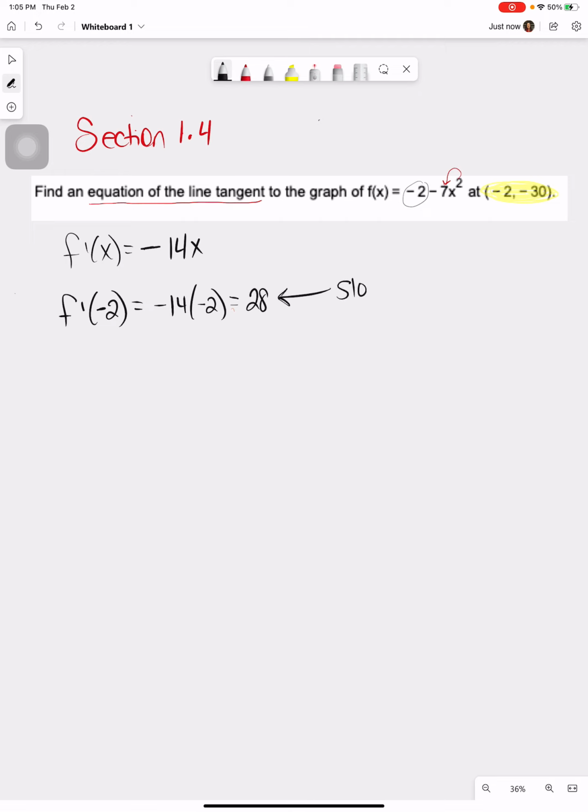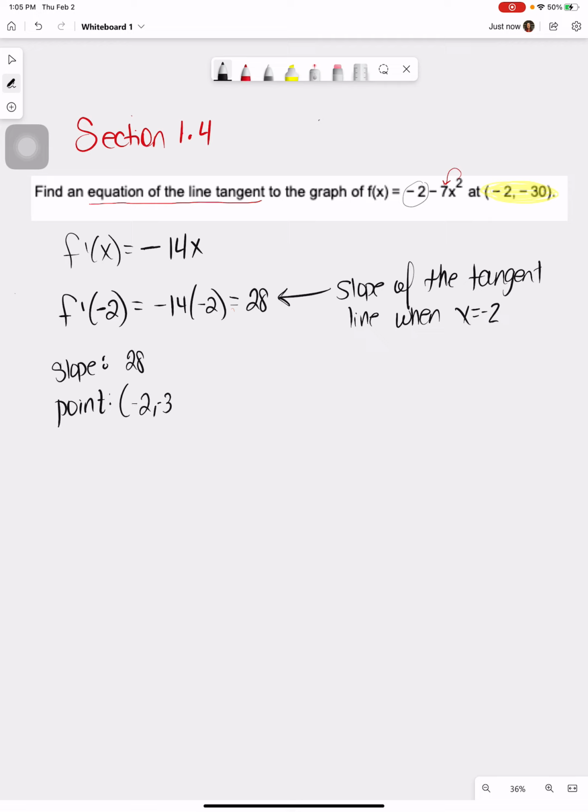That is the slope of the tangent line when x equals negative 2. So now I have my slope, which is positive 28. I have a point, which is the point that they gave me, negative 2, negative 30.